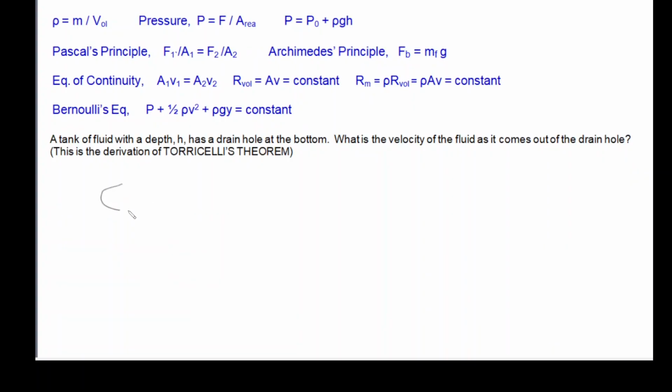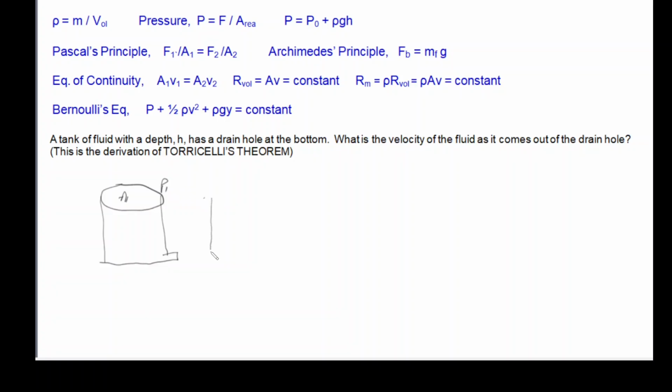We have a tank that comes down, and it has a drain hole at the bottom, and we'll call this area 1, the area of the tank, and that's at a pressure 1.